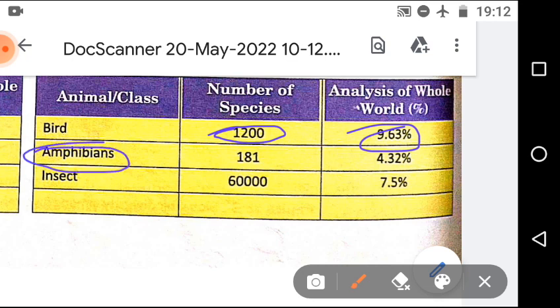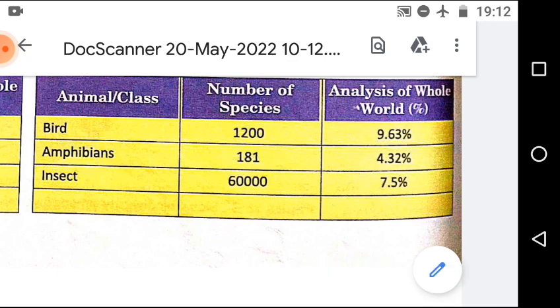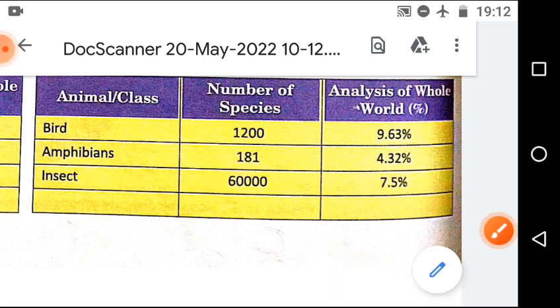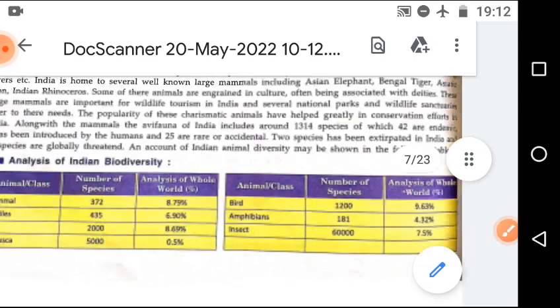Amphibians, there are about 181 different types found, which contributes 4.32%. And the insects, about 60,000 insects are found in India, which contributes only 7.5% in the world.